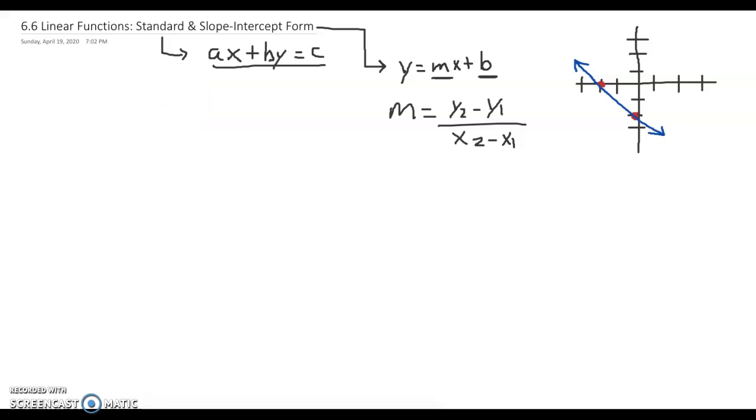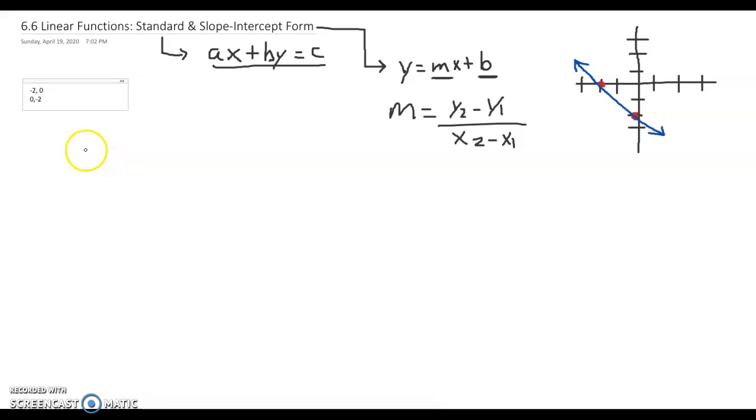These points should give us -2, 0, and then our next set should be 0, -2. So what's going to be our equation?